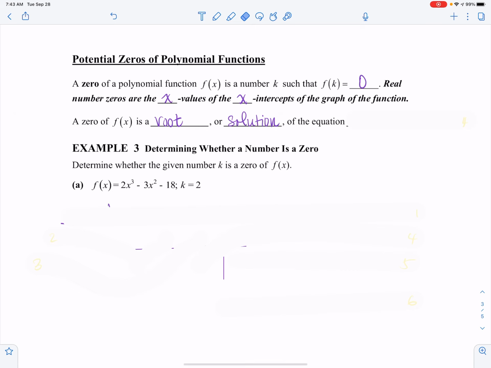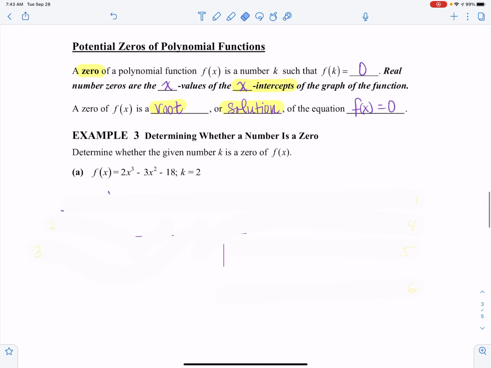Some more names: you could call it a root or a solution of the equation f of x equals 0. I want to highlight the words we used here: 0, x-intercept, root, and solution. All 4 of these mean the same thing. Please be familiar with all 4 of those terminologies.